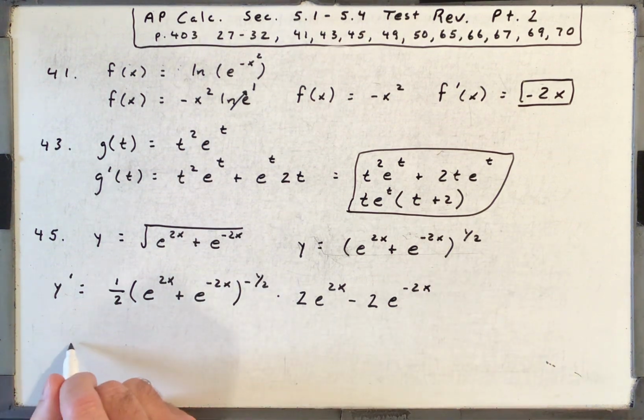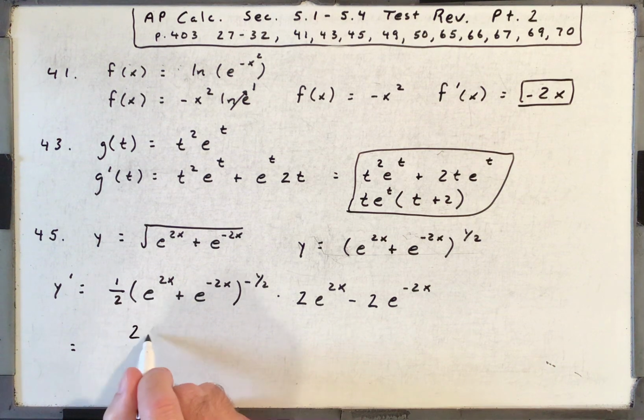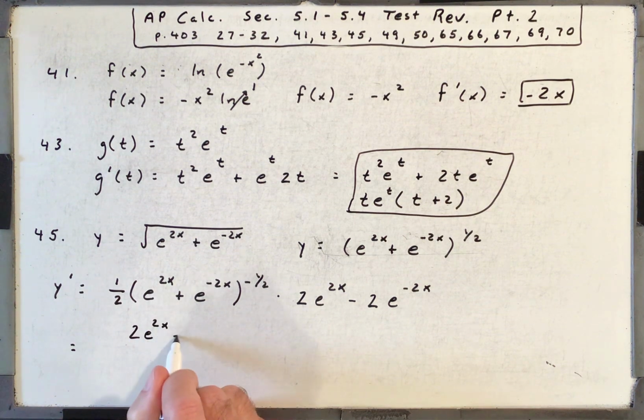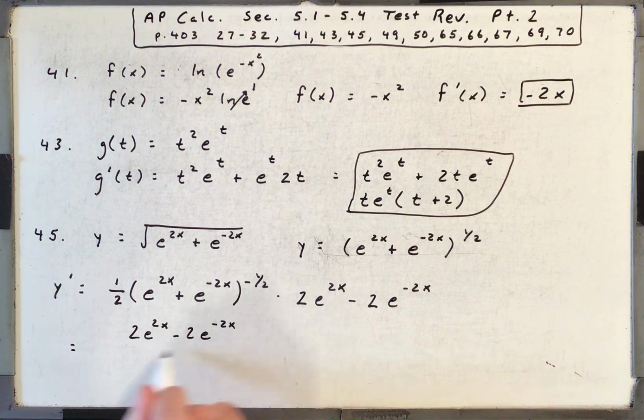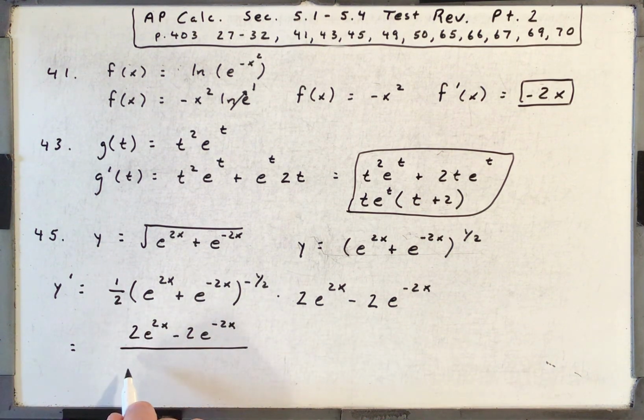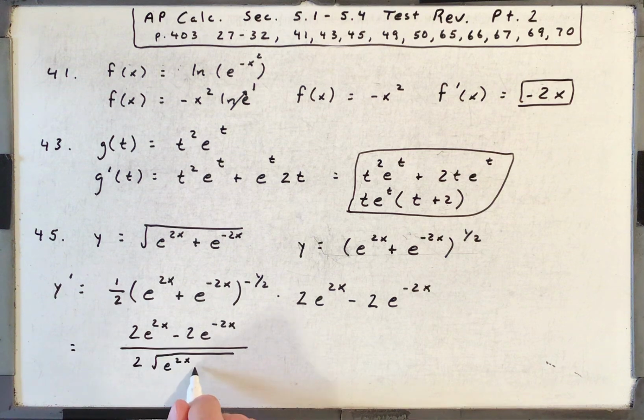All right, so let's clean that up. You'd have 2e to the 2x minus 2e to the minus 2x over 2 times the square root, because it's negative 1/2, of e to the 2x plus e to the minus 2x.